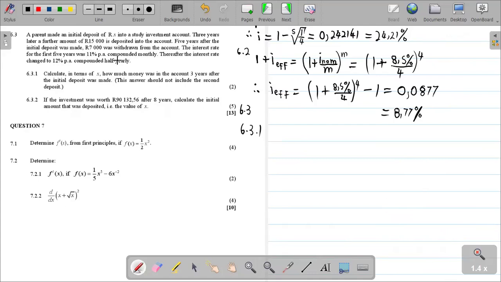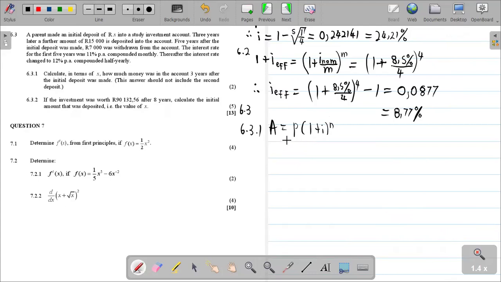Okay. So calculate in terms of X, how much money was in the account 3 years after the initial deposit was made. This answer should not include the second deposit. Okay, so we use the compound formula here. A equals P times 1 plus i.